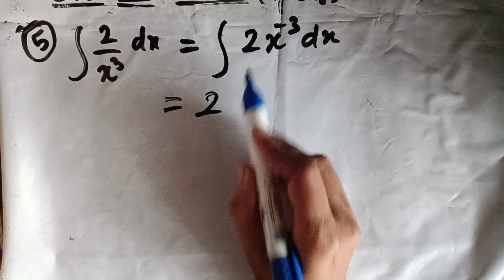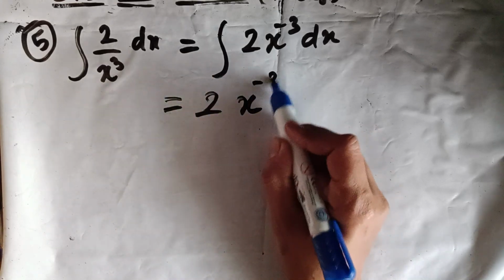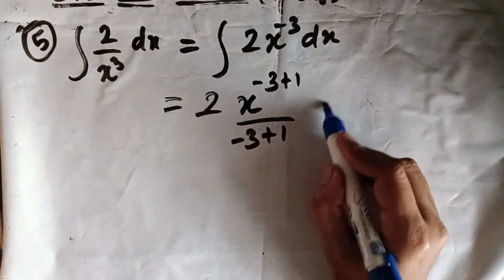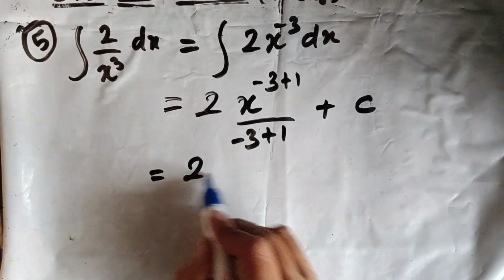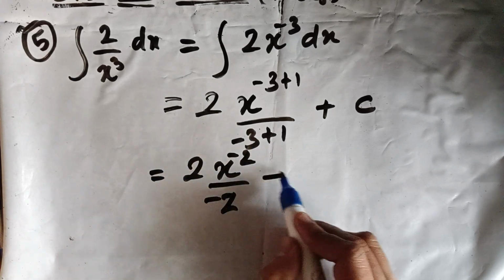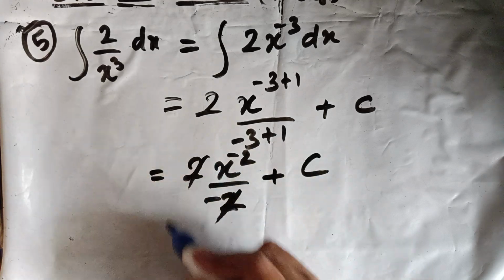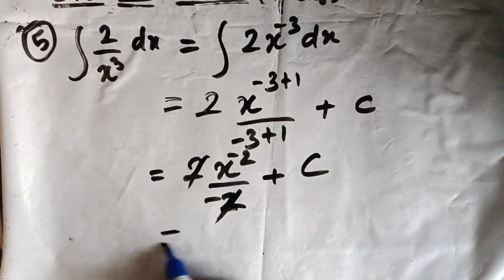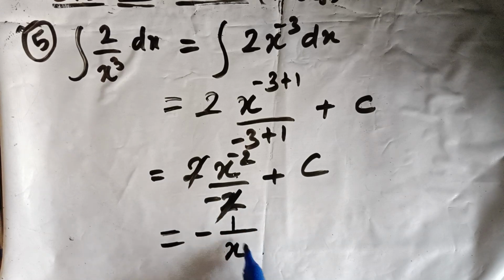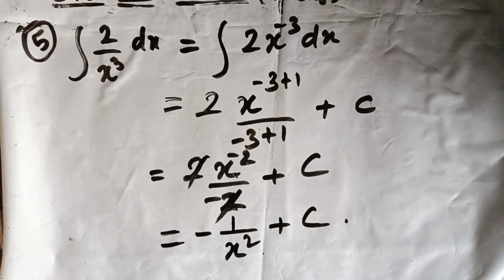Okay, so 2 is constant. X raised to minus 3 plus 1 upon minus 3 plus 1. Okay, so this is 2x raised to minus 2 upon minus 2. So we'll get minus, and this is x raised to minus 2 means 1 upon x square. Okay.